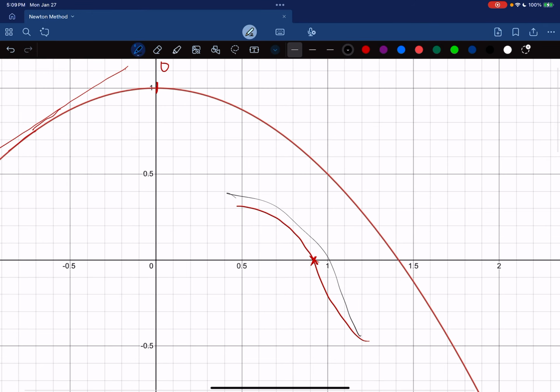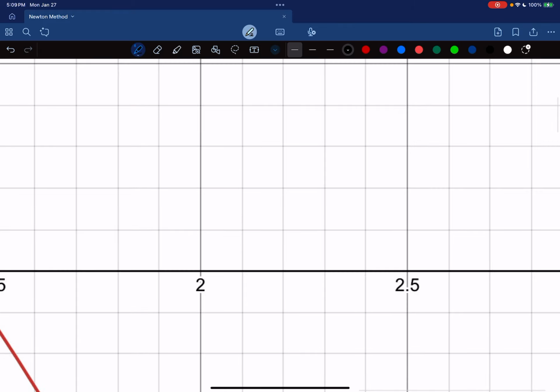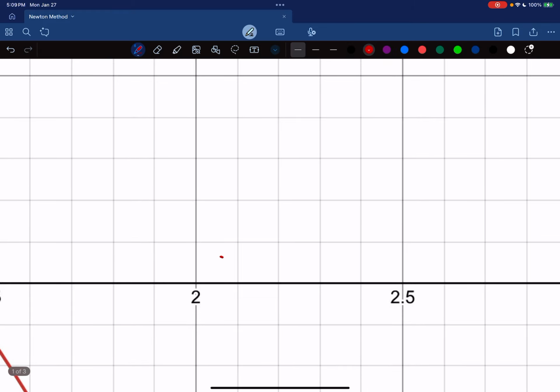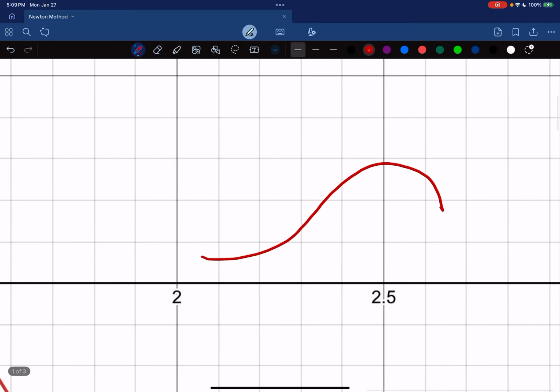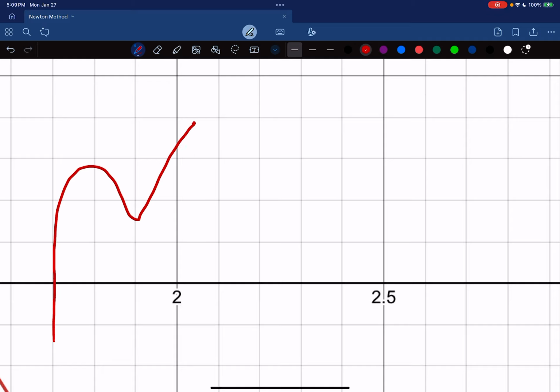The second issue that I was drawing earlier is, what if your function was something like, I'm going to draw sine x minus x, which I believe goes something like this.